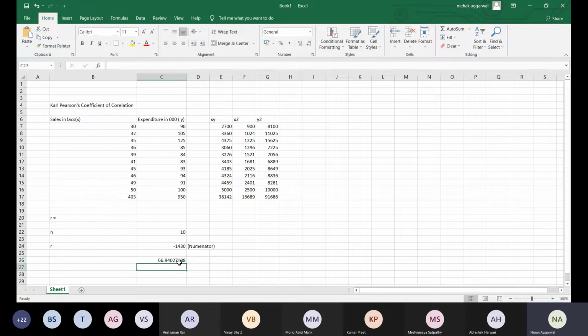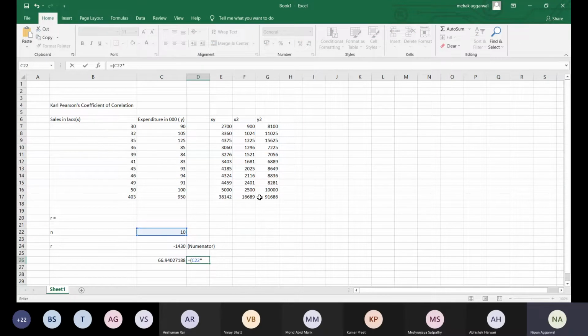So this is your first part of the denominator, and then the second part is, so we have to break the formula to calculate, because in one formula it will be difficult to apply the formula in Excel. So then you have n summation y square, which will be 10, which will be equal to n summation y square.